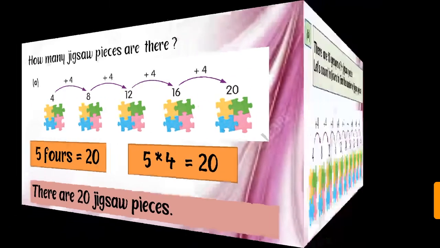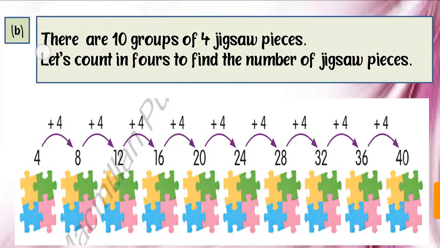Let's move forward. There are 10 groups of 4 jigsaw pieces. Now how many groups are here? 10 groups. Let's count in fours to find the number of jigsaw pieces. So first we have to count 10 groups.